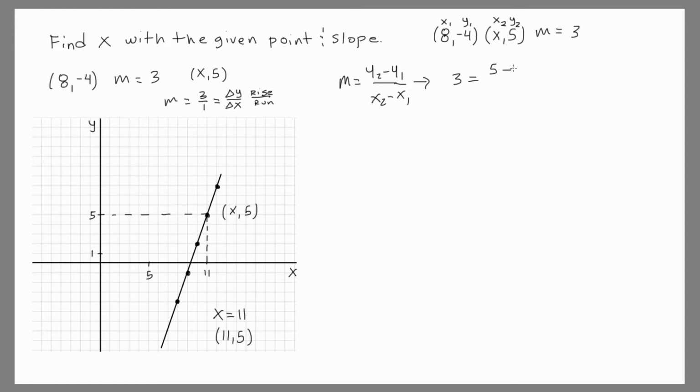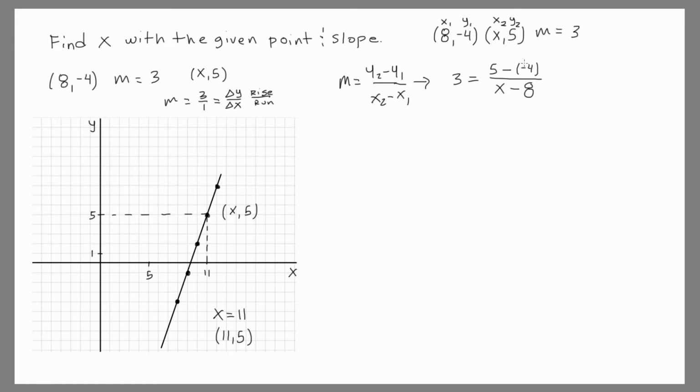What's y1? Negative 4, so I'm going to put parentheses. Divided by x2, which is x, which is kind of weird to write. What is x2? Well, it's x, take away x1, and x1 is 8.